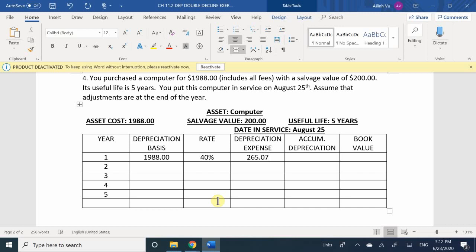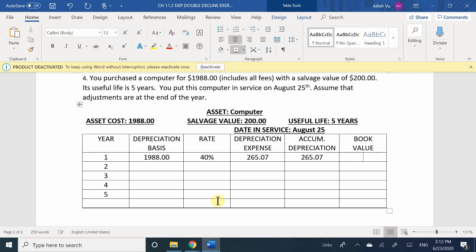And the accumulated depreciation, now this is the first time, it'll be the 265.07. That's correct. Did you get this number? Yeah, I got it now. Okay, all right, and then what?